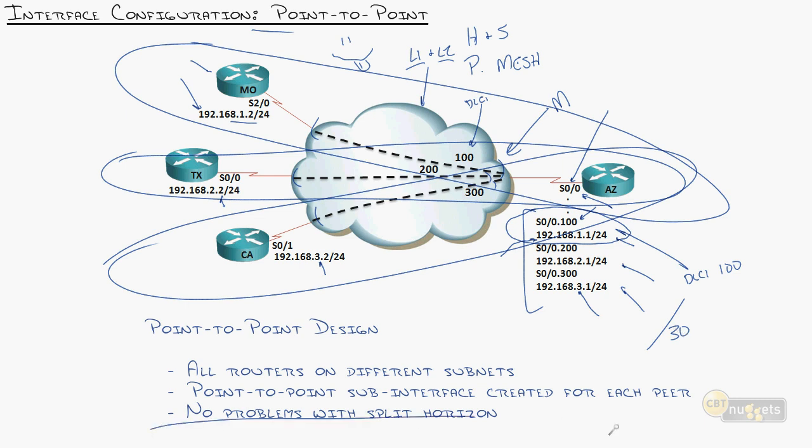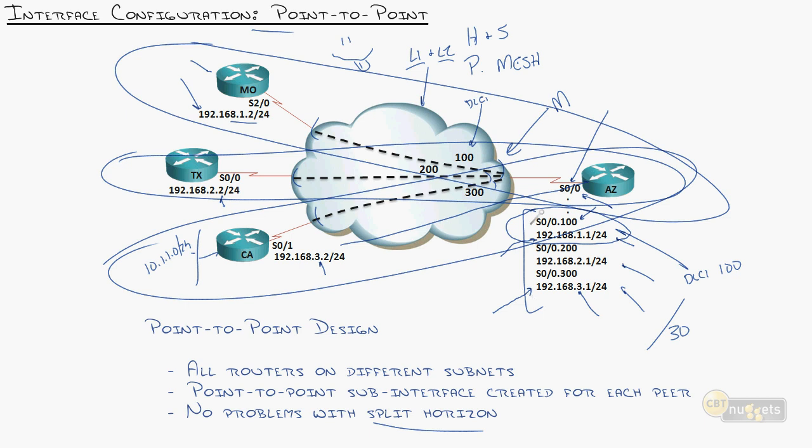No problems with split horizon. I don't have to turn it off and kick out a leg of my chair. I can still feel comfortable doing that because California talks to Arizona and says, hey, I want to tell you about my 10.1.1 network. And Arizona's like, oh, great. I received that on serial 0/0.300. That he sees as a completely different interface, right?